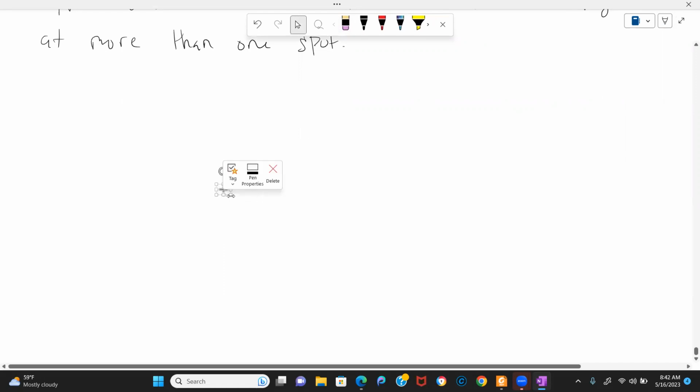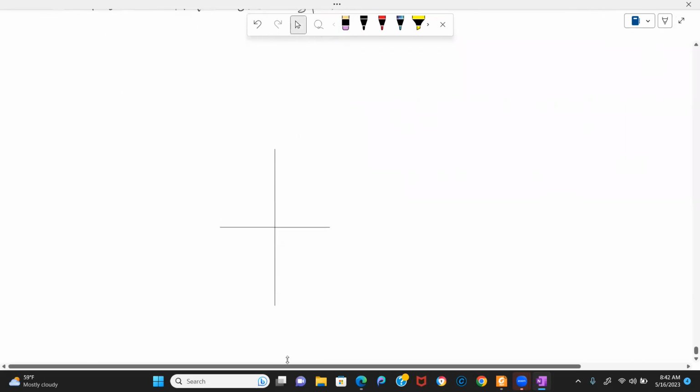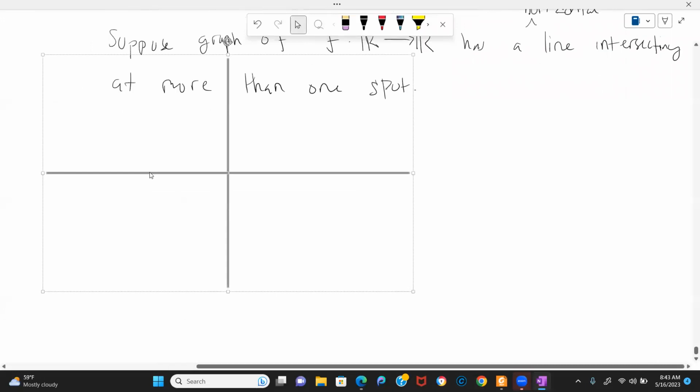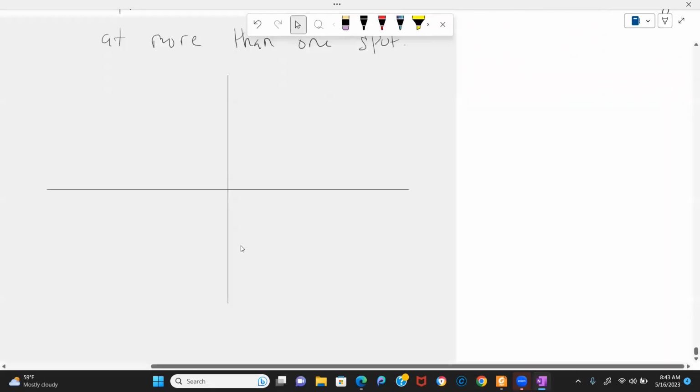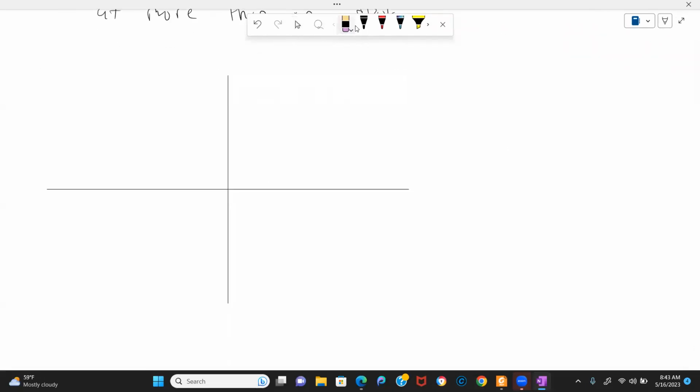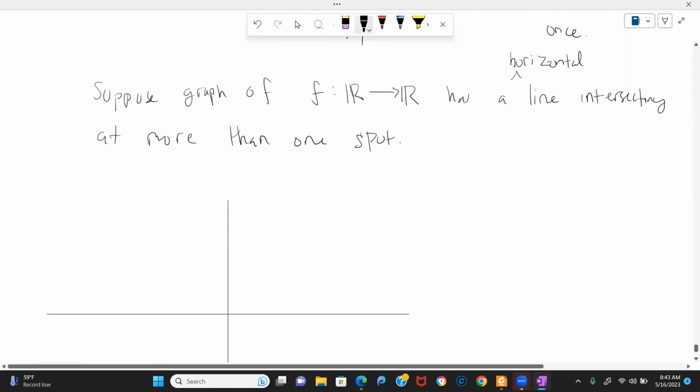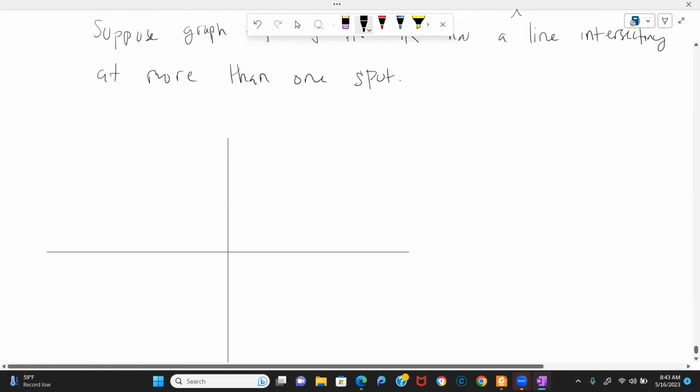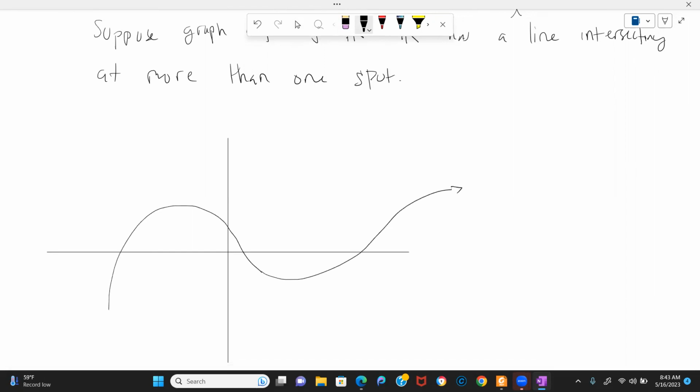Here's our X and Y axis. And let's say we have a curve. We'll just draw a generic curve with this property that there's a horizontal line intersecting at more than one spot. So maybe the graph looks something like this, and then it goes up, and then it just goes off and does whatever else it wants to do.